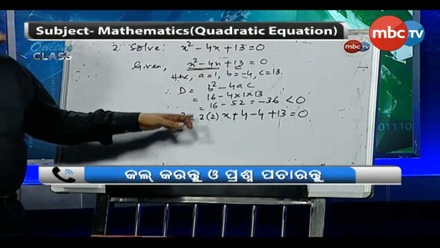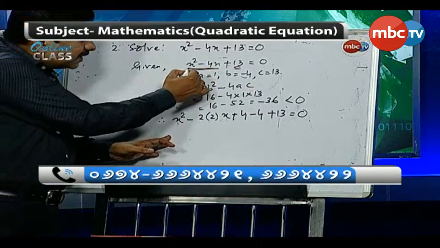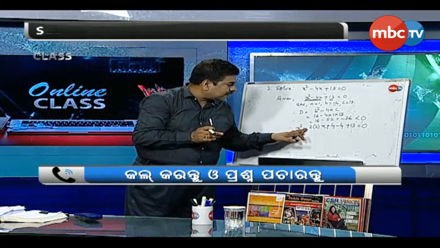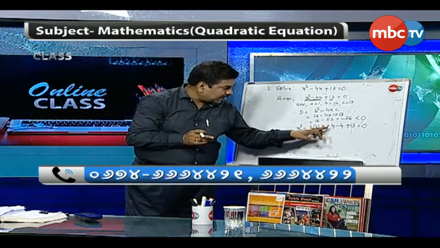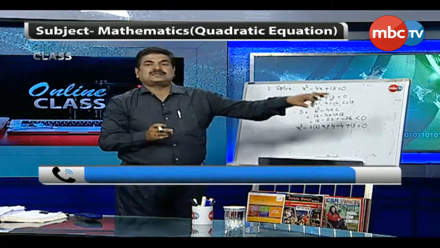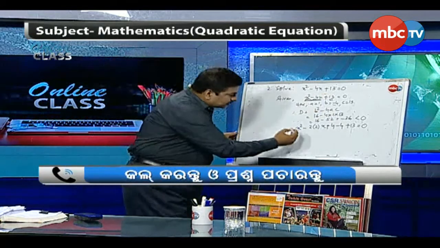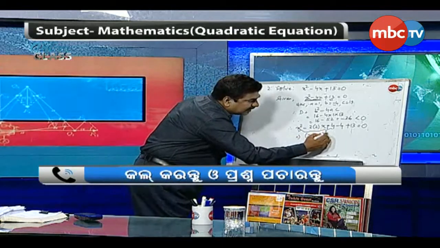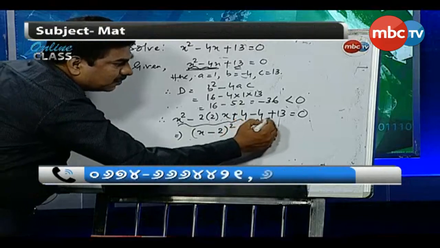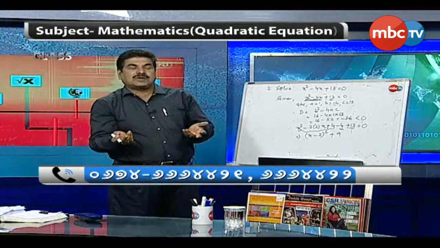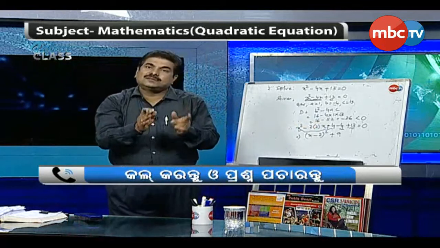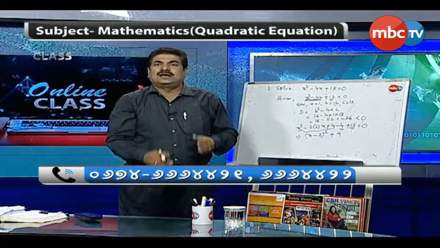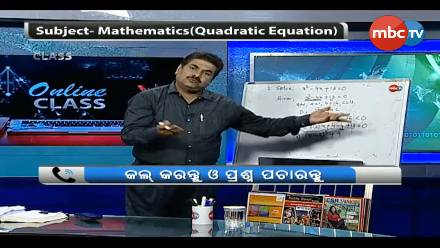Here you see x square, first we have to convert this part to a completion of square. That means we can write this as x square minus 2 into x plus 4 minus 4 plus 13 equal to 0. So from the first part you see x minus 2 whole square plus 9, because 13 minus 4 is 9. No necessity to write minus 4 plus 9, we can write this directly.